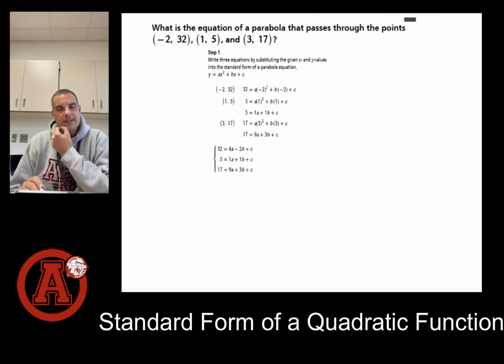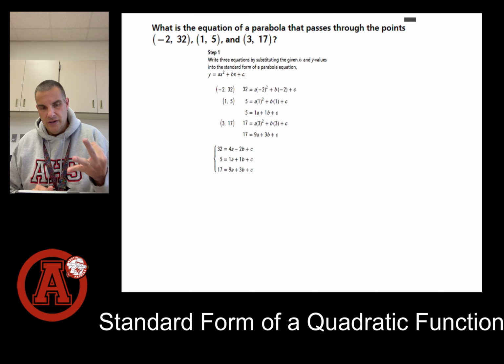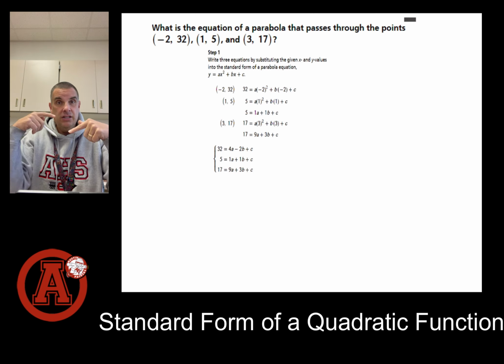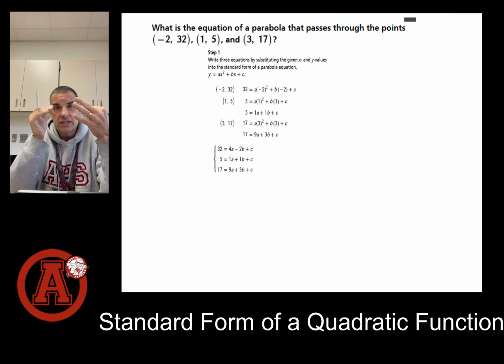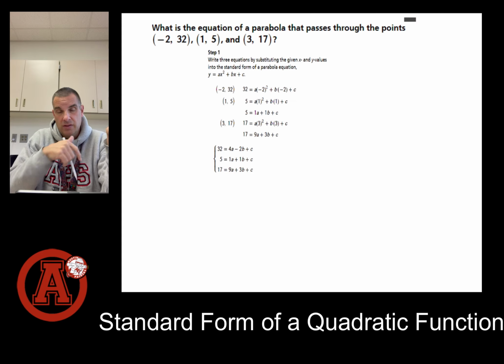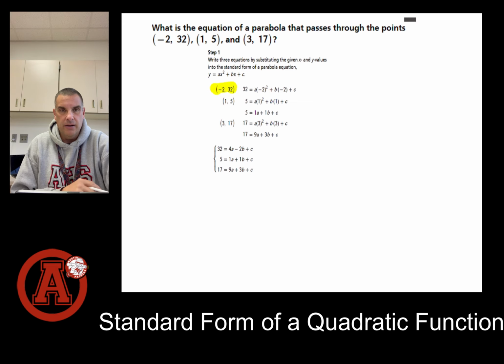The way we do this is we're going to create 3 equations with 3 variables using our 3 points. So we're going to write each of these using the x values and y values that we know, replacing our x's and our y's with each of them. The first thing we're going to do is take the first point they give us, negative 2, 32, and write that out.